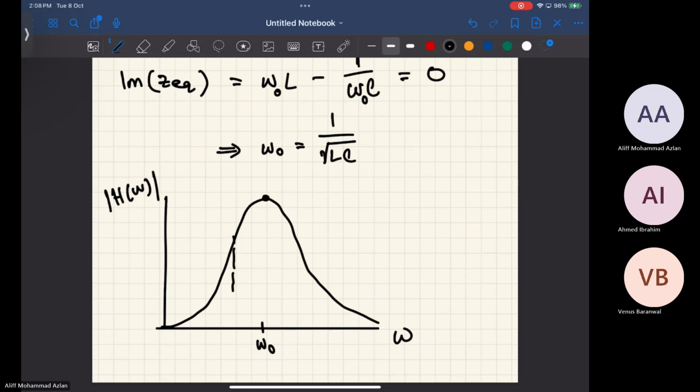are essentially when we have half power, which is equivalent to having 1 over root 2 for the voltage. So if this is, that's A, then at the half power frequencies, we have A over root 2.